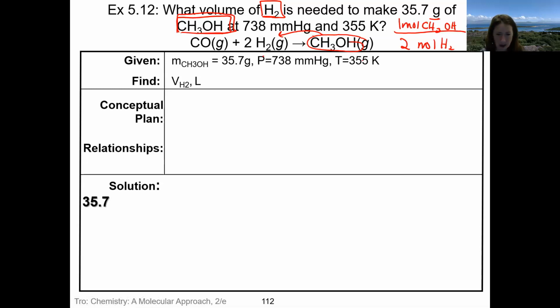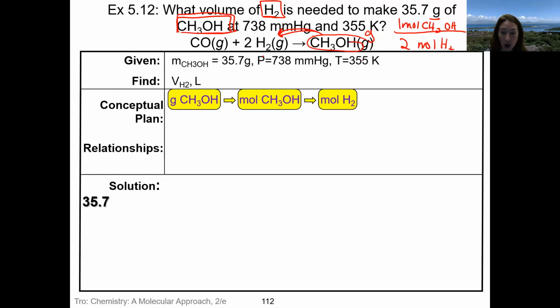Okay, well, 37.5 grams of CH3OH, can we go from grams of this and then get over here? Totally, we can literally go grams, molar mass, hydrogen. Easy peasy, right? That's just straight stoichiometry. We can go from grams of here and we can get to moles of hydrogen.